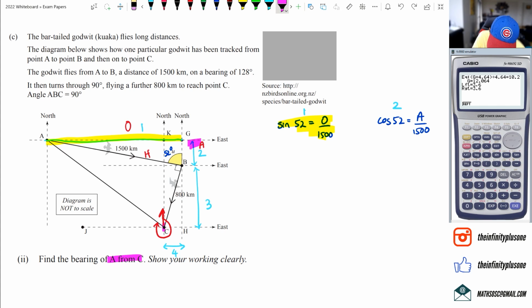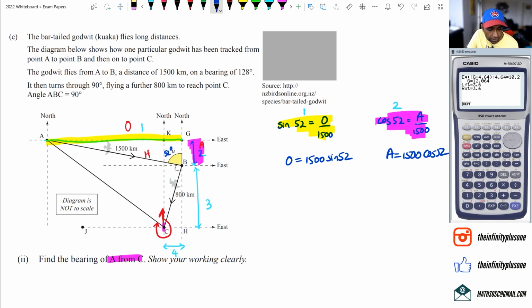This is part 2. All right, so I'm trying to find the sides of those right angle triangles. So here, opposite is equal to 1500 sine 52. Adjacent is equal to 1500 cos 52.